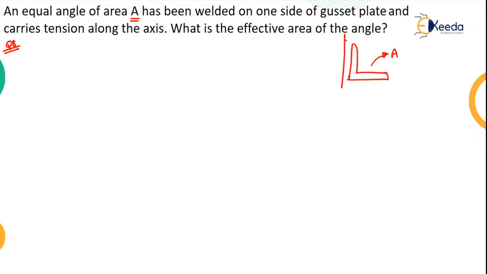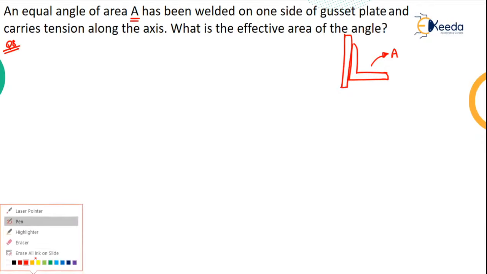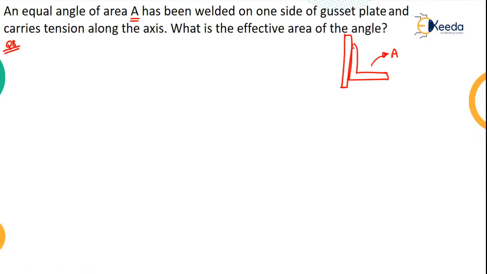So there's a plate here, right? I've done a weld to this particular angle section on one side. Okay, this is your weld, and carries tension along the axis. So this is carrying what? Tension along the axis. What is he asking you?